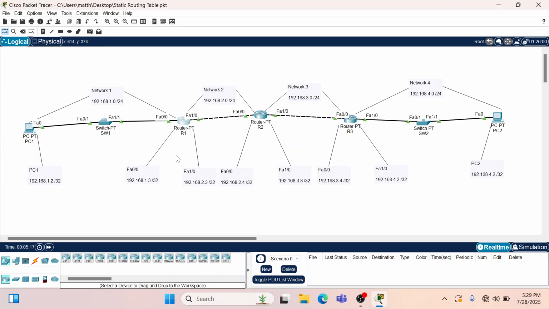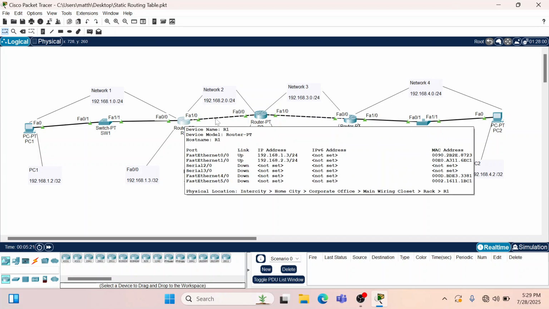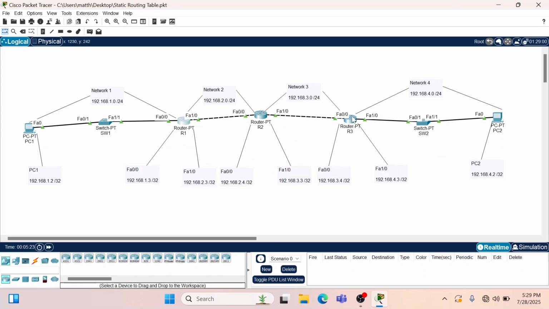So what we need to do is configure the pathway from router 1 to router 2 to router 3, and also backwards from router 3 to router 2 to router 1, because when we send a ping from PC1 to PC2, PC2 has to know how to get back to PC1 as well.